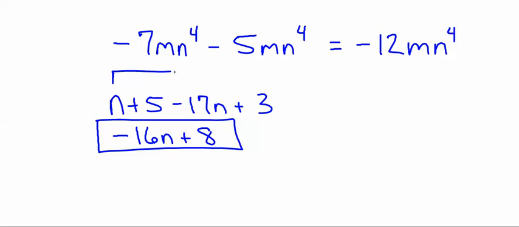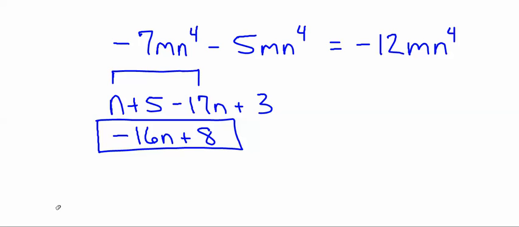N minus 17n. So that's 1n minus 17n. Why is it minus? Because there's a negative sign in front of the 17. It means the same thing. Okay, I added the n to the 17.